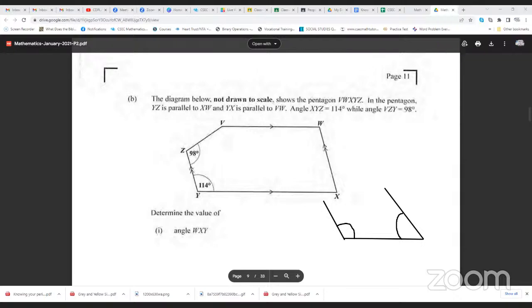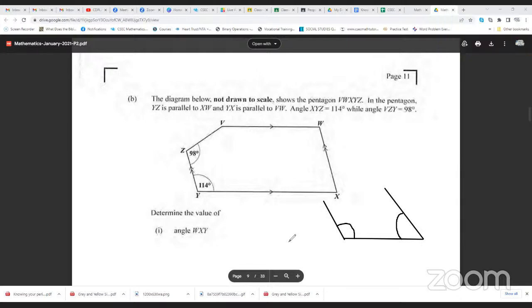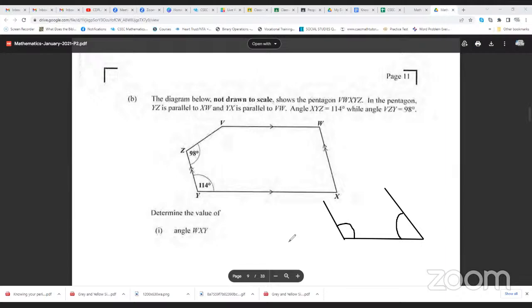Yes, sir. All right, so what's the sum of this angle and that angle that you measured? Sir, the sum would be 180, sir. Very good. So you have now made the point that the angles that form between two parallel lines, the sum of it is equal to what? 180 degrees.